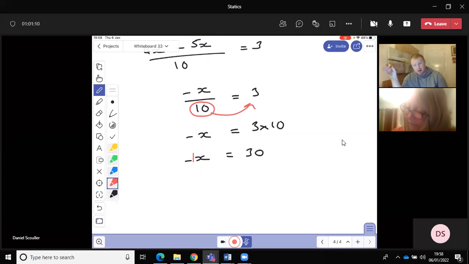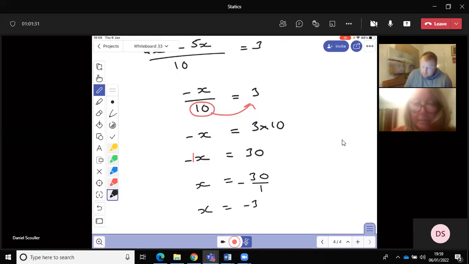We're taking away minus 1x and putting it to the other side. So we can divide 30 by minus 1x, and that would leave us with a positive x. So we're removing it from the left-hand side. Effectively, we're just dividing it by 1x. So x, let's tidy up, it's minus 30.